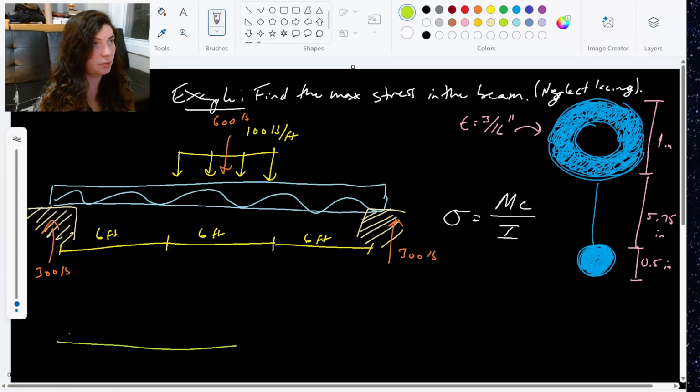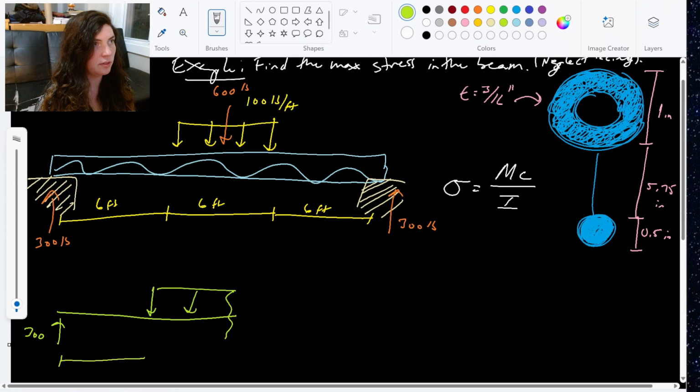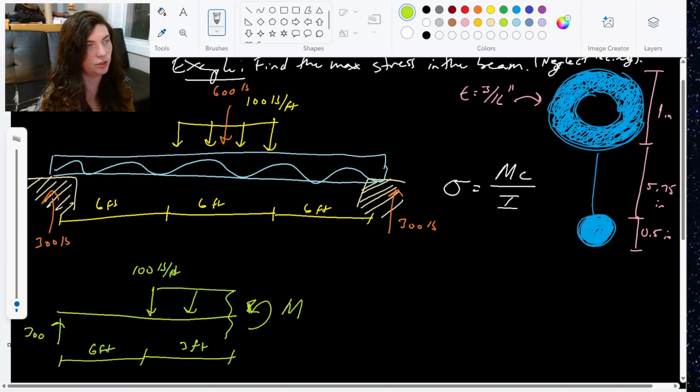If I draw this free body diagram, this is 300, then we hit the distributed load, right? And we only hit halfway. So we've got the 6 feet, and then this is 3 feet, 100 pounds per foot. Our max moment is going to occur right in the center of the beam here.